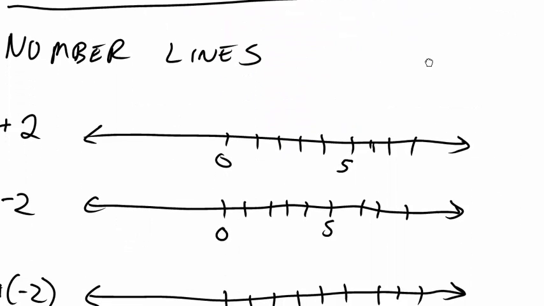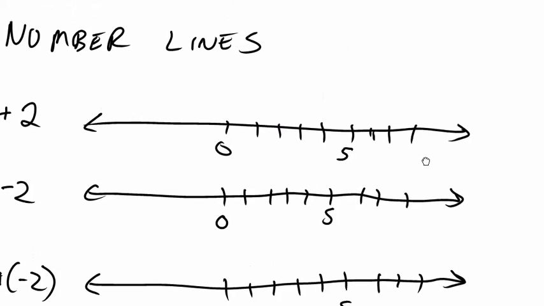So let's now play this same idea on a number line. If I know 5 plus 2, well, on a number line that says my first number is 5, so let me start at 5. And we know 5 plus 2 is 7, so I know I'm going to end up over here, and notice that when I did addition, I moved 2 spaces to the right to get to my answer.